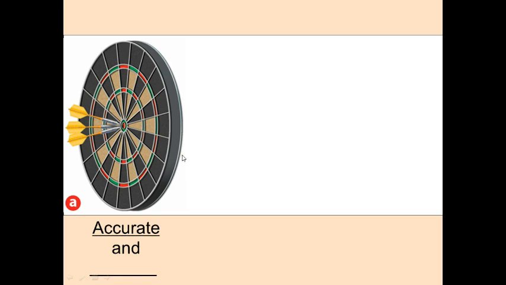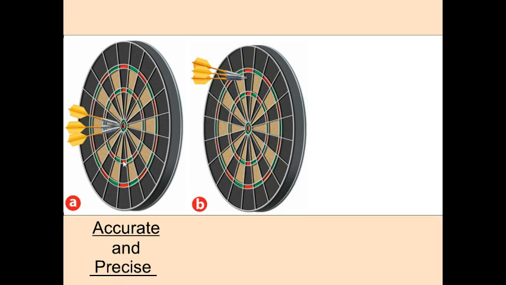But is it precise too? The definition of precise is how close the values, or in this case darts, are to each other. So this would also be precise because the darts are near the same spot, or almost on the same spot.